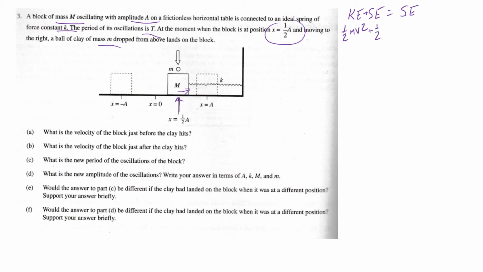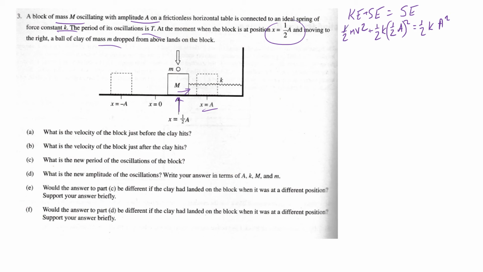So 1/2 k. But for x, x is going to be the displacement. What's the displacement here? It's 1/2 of A. Okay. And then moving on to the right-hand side, we've got 1/2 kx squared. What's our displacement for this situation? It's going to be all the way, so at A, right? That's the only other situation we know enough about. So that's that.